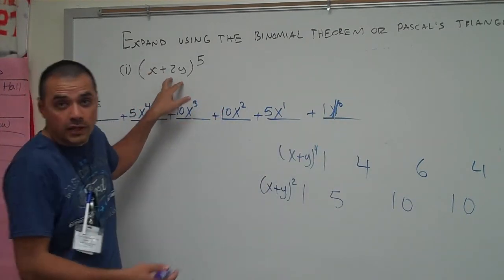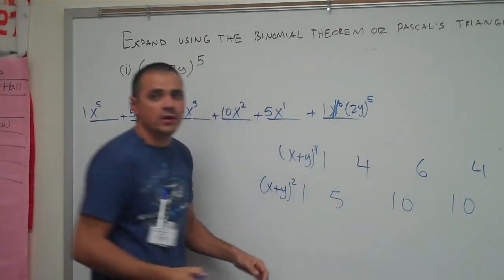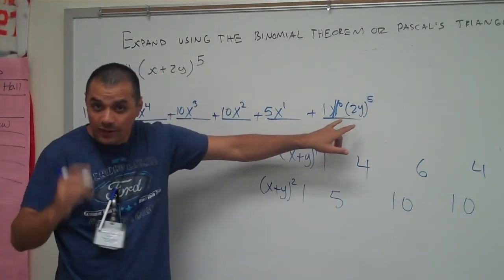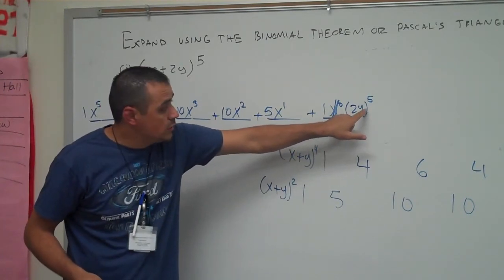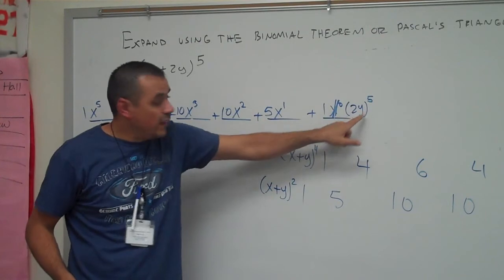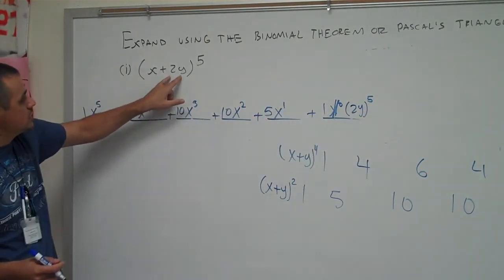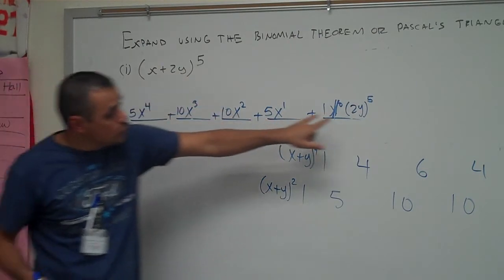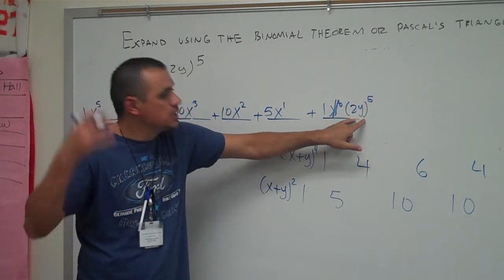So this is 2y, so it's going to be 2y to the 5th. Now be very careful with this. From the classes I've graded so far, there was an issue with this. You guys were raising only the y to the 5th power, not the 2. So you got to raise the whole thing to the 5th power. Notice that this is 2y. So what you're raising here to that power is the whole thing, the 2y, not just the 2.